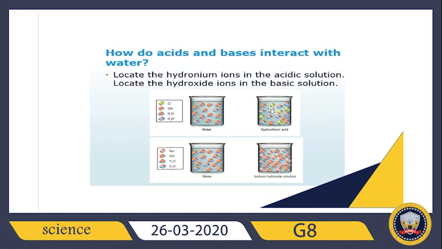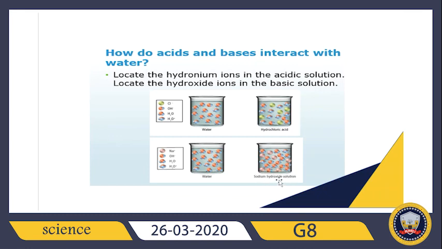Once we add the HCl, one of the hydrogens of the HCl will be attracted by this water molecule, so it will result in the formation of the H3O hydronium ion. So here we have H3O hydronium ion, and here we have H3O hydronium ion, and so on.